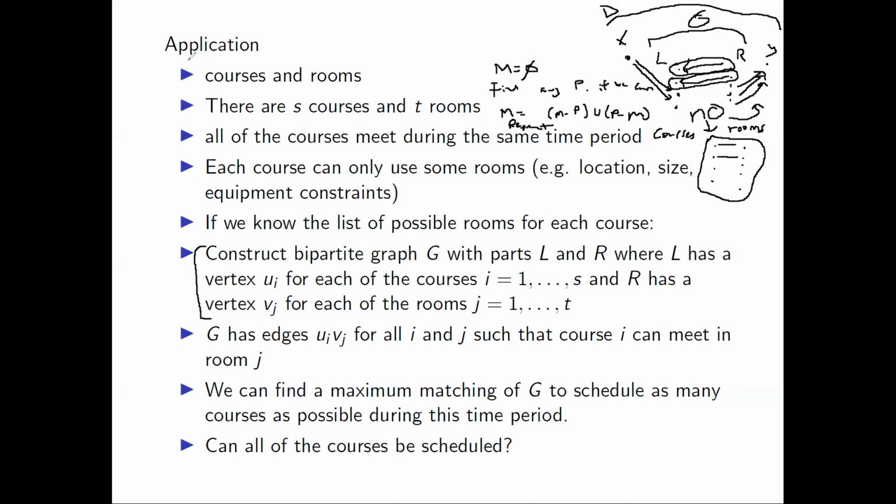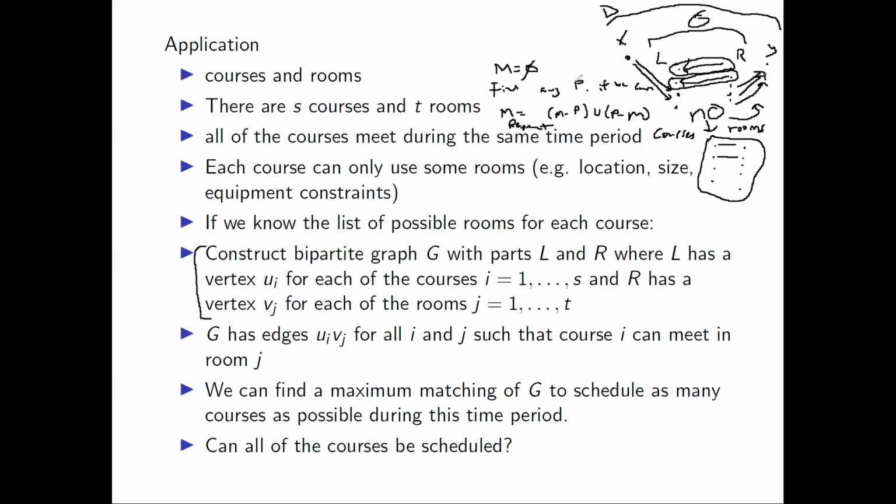Because if it was possible, then it would be possible to find a matching that's larger than that maximum matching. So this algorithm for finding a maximum matching does tell us if it's possible to schedule all the courses, or in other words, if it's possible to find some matching that includes all the vertices on the left side in the edges.